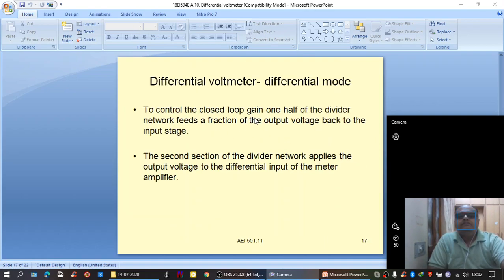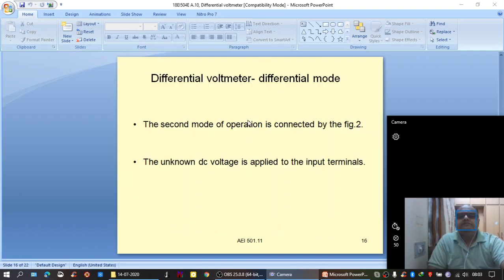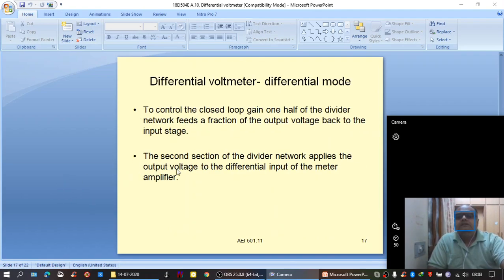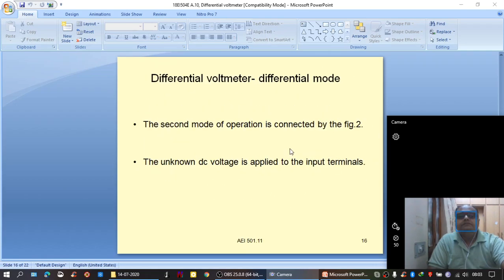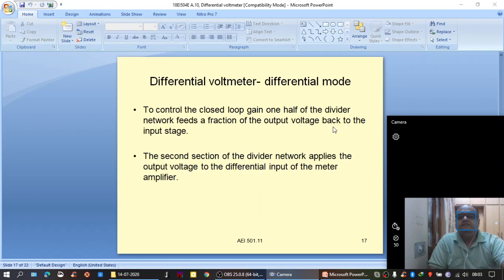To control the closed loop gain, one half of the divider network feeds a fraction of the output back to the input stage, that is this portion is connected back to the input stage, and the second section of the divider network applies the output voltage to the differential input of the null amplifier, that is this portion connected to the differential amplifier of the null meter.